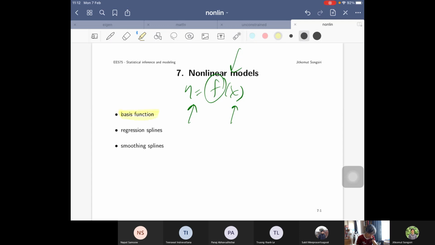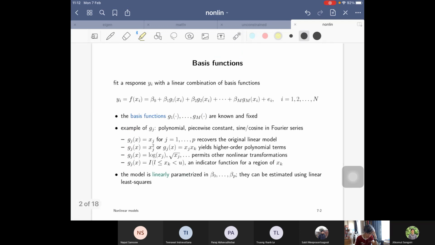This provides a very wide class of representations for f. And then we're going to consider one particular representation where the basis functions are splines, right? So we talk about regression splines and smoothing splines at the end.